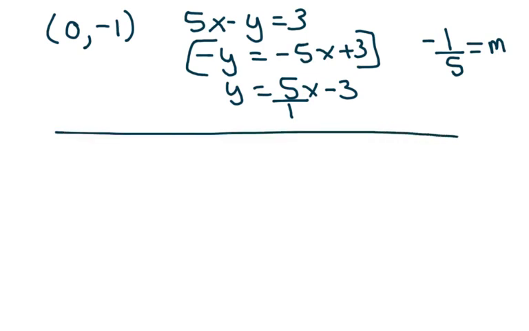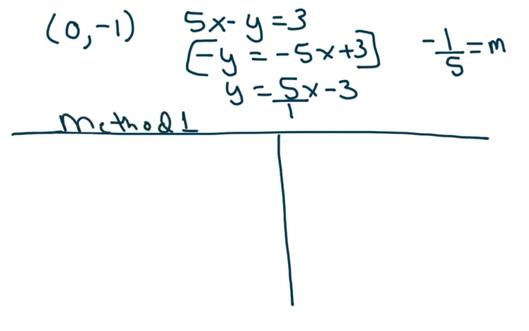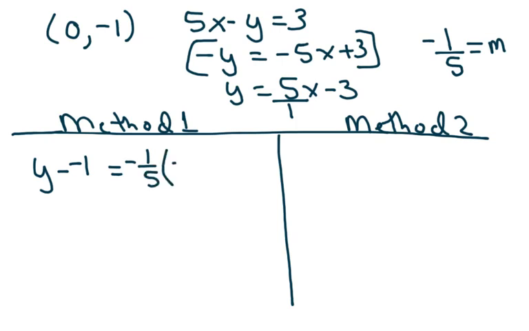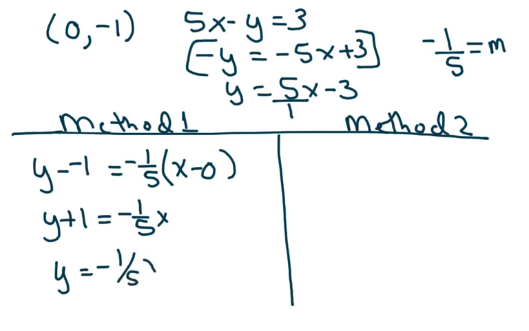So we're going to use both methods to find the equation of the line. It just depends on what your teacher asks you to do. Method 1 and method 2. If they don't care, pick the one that you like the best. So this will be y plus negative negative 1 equals negative 1/5 x minus 0. So y plus 1 equals negative 1/5 x. So y equals negative 1/5 x minus 1. And we're, again, subtracting 1 from both sides.